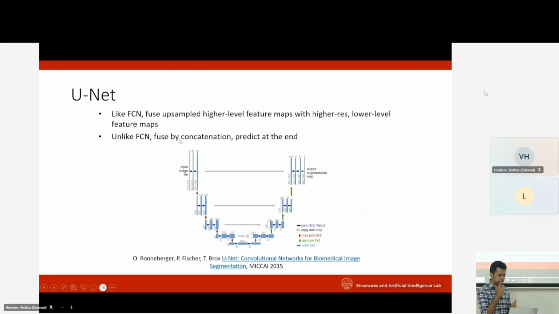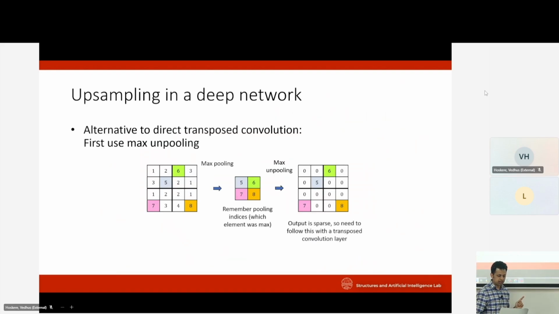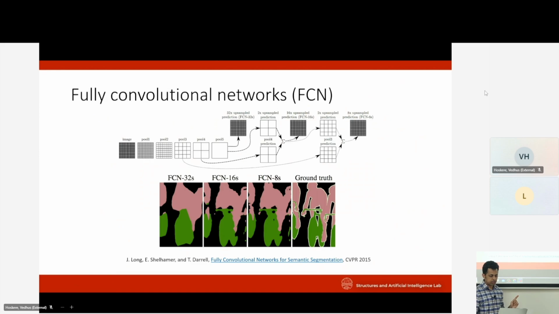And also in UNet they have the input image size directly coming to the output. So for biomedical images also you have fine features like cracks, and so it works better for images where you have those fine features. Whereas in FCN they're only doing it up to pool 3, right?